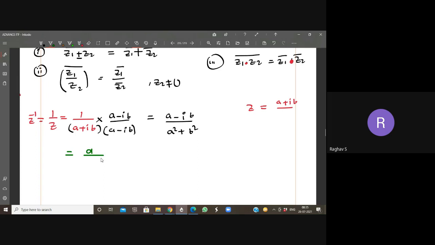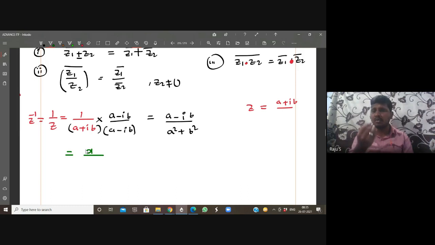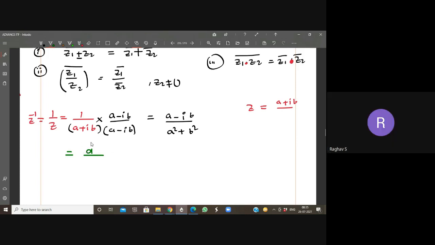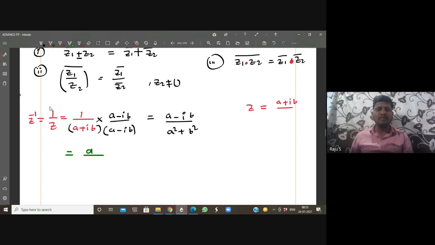No, I want to find the 1 by z value, not the z value. I am changing 1 by z into the form a plus iota times b.